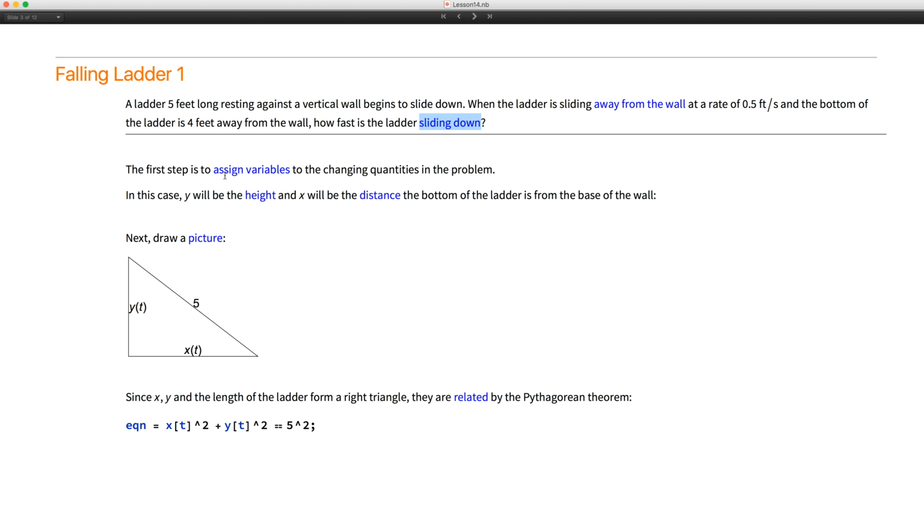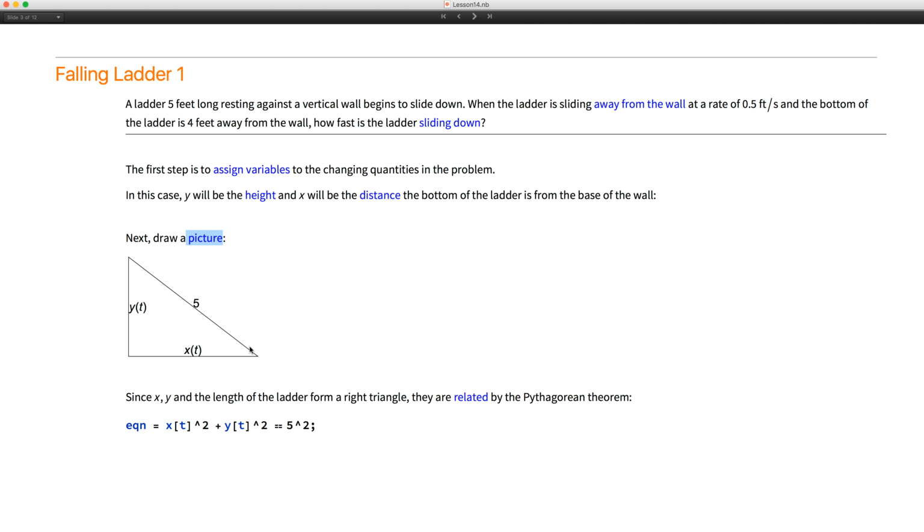The first step is to assign variables to whatever is changing in the problem. There are two things changing: the height y, let's say, and the distance x. Next, draw a picture of what's happening. Here you have the distance for the base, the height, and the actual ladder.